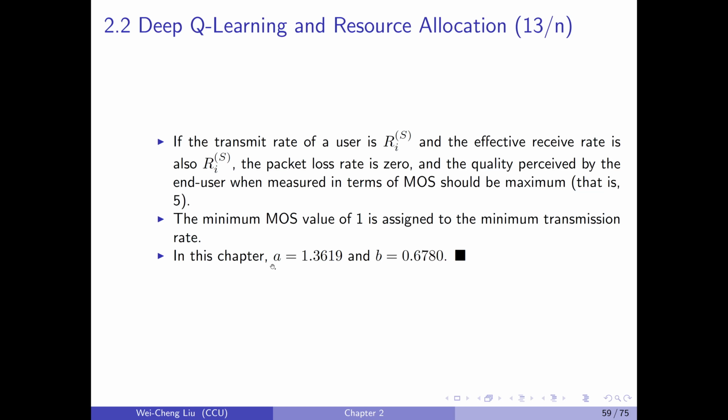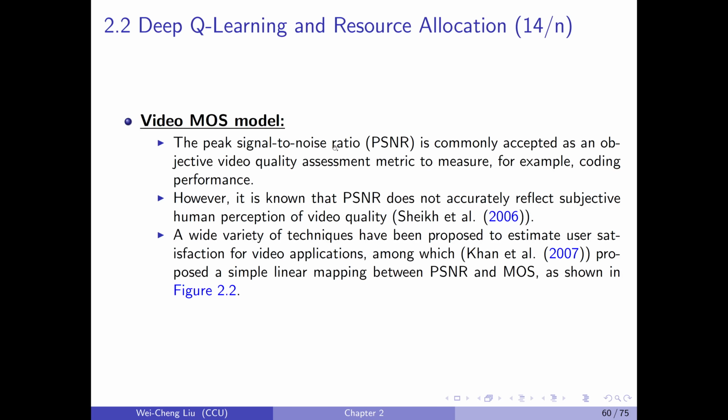In this chapter, A is equal to 1.3619 and B is equal to 0.6780.